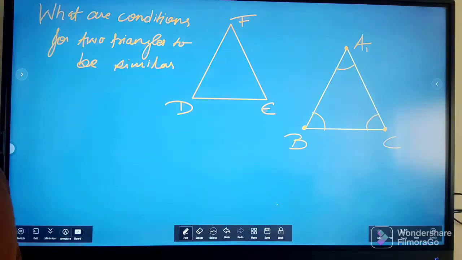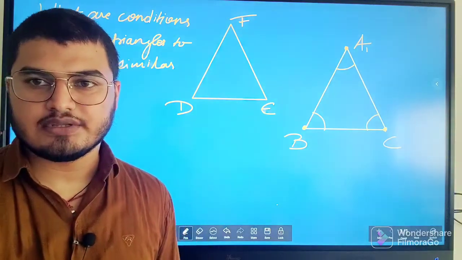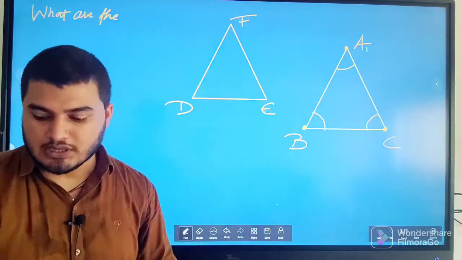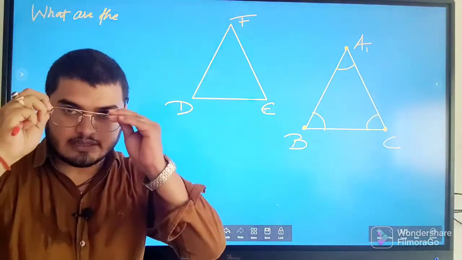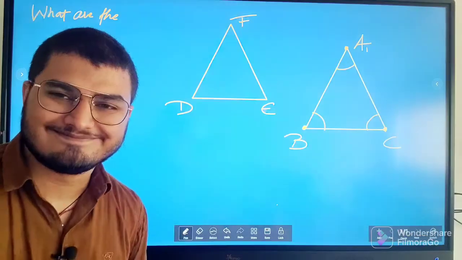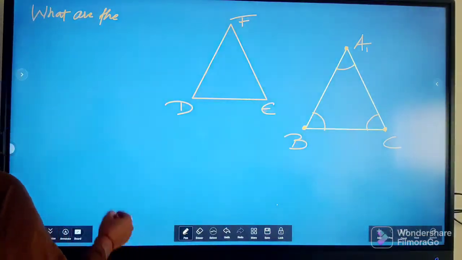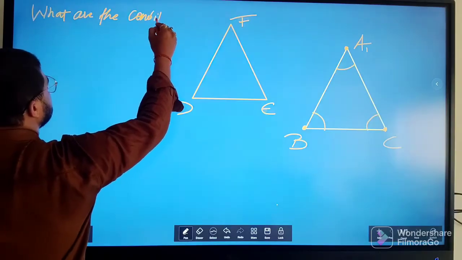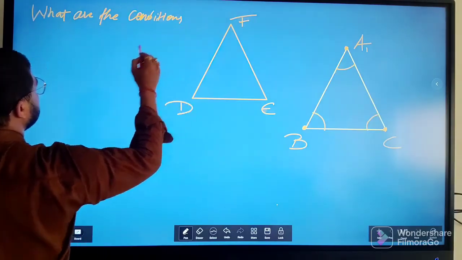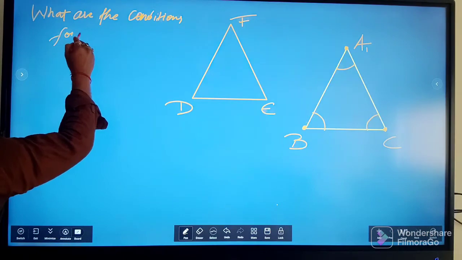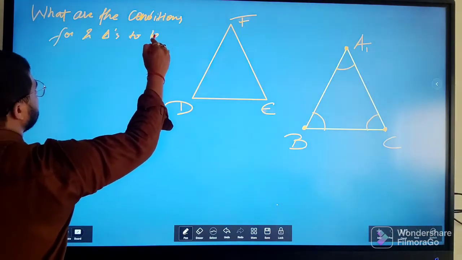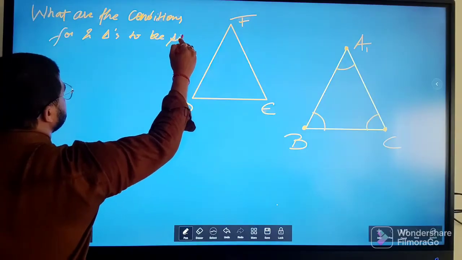What are the conditions for two triangles to be similar?